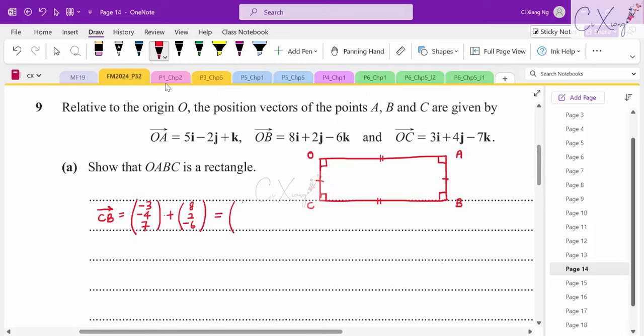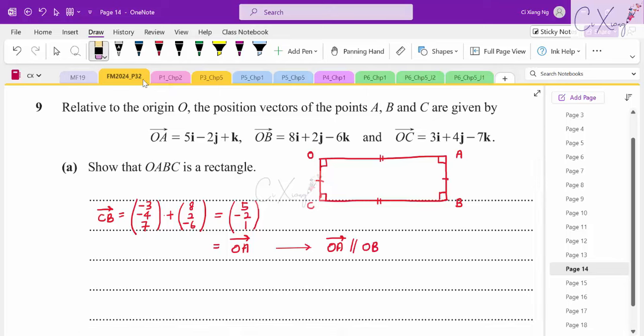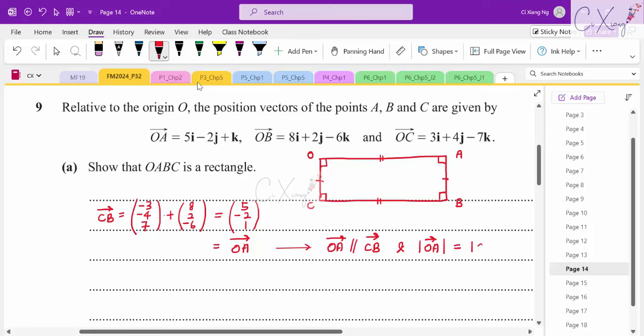If I simplify, I'm having 5, negative 2, and 1, which actually equals OA. So from here, I can say that OA is parallel with CB. At the same time, since they have the same vector, the modulus, the length, of OA equals the length of CB.